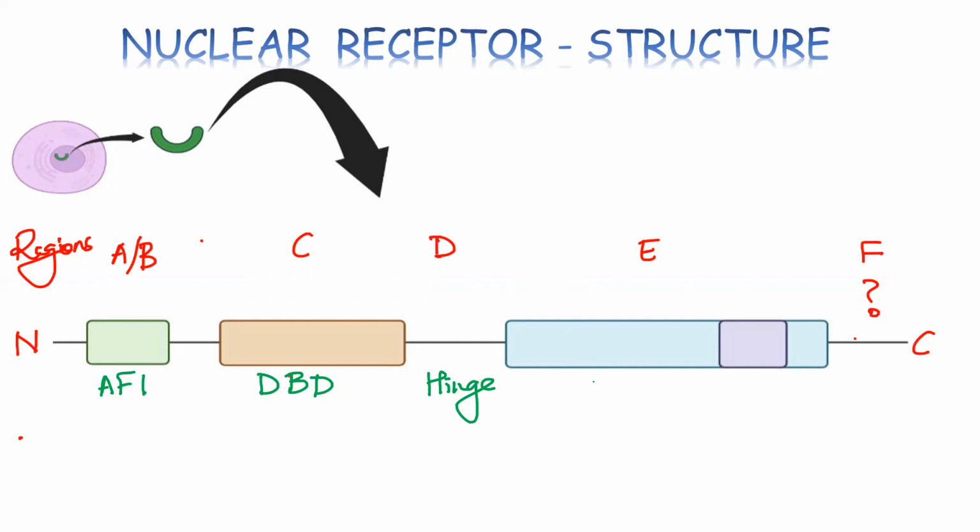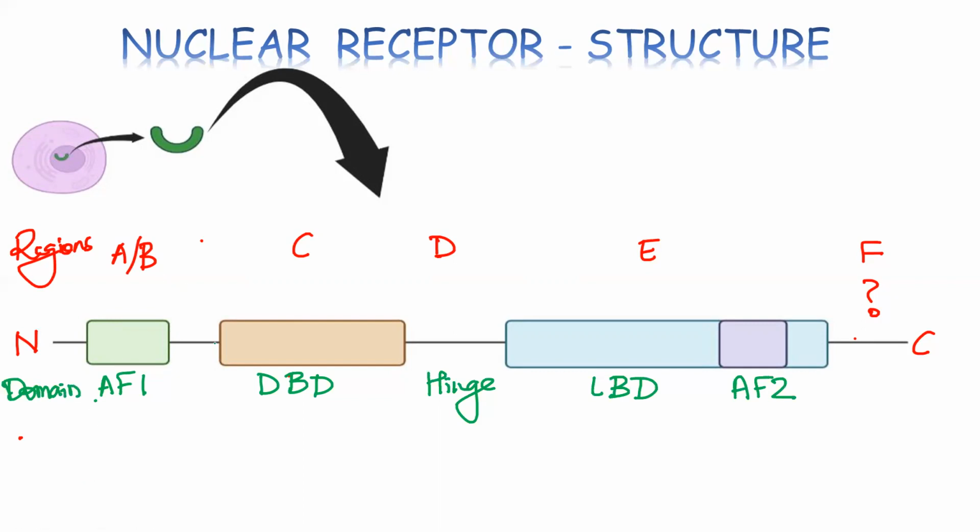The E region is divided into two. One is LBD, that is ligand binding domain. Over here, the ligand is going to come and bind. And there is another, AF2, that is activation function 2. So these are the regions that we are going to look for in the structure.